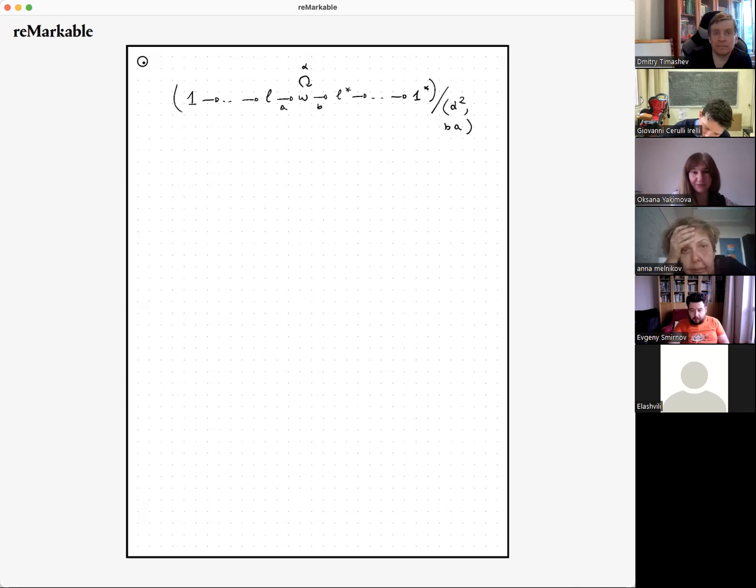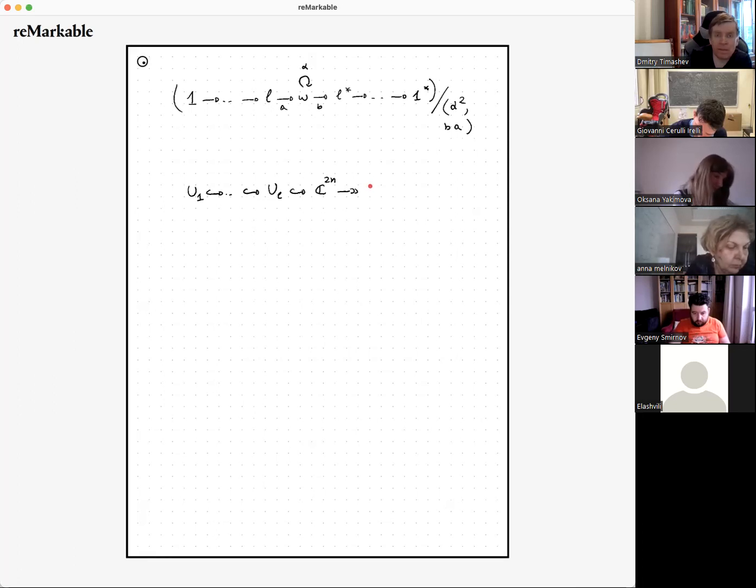The reason here is that we have this flag, U_L, in, for example, C^2N, and then it projects into; we want this to be isotropic, so here we have to take U_L orthogonal, U_L, something like this.